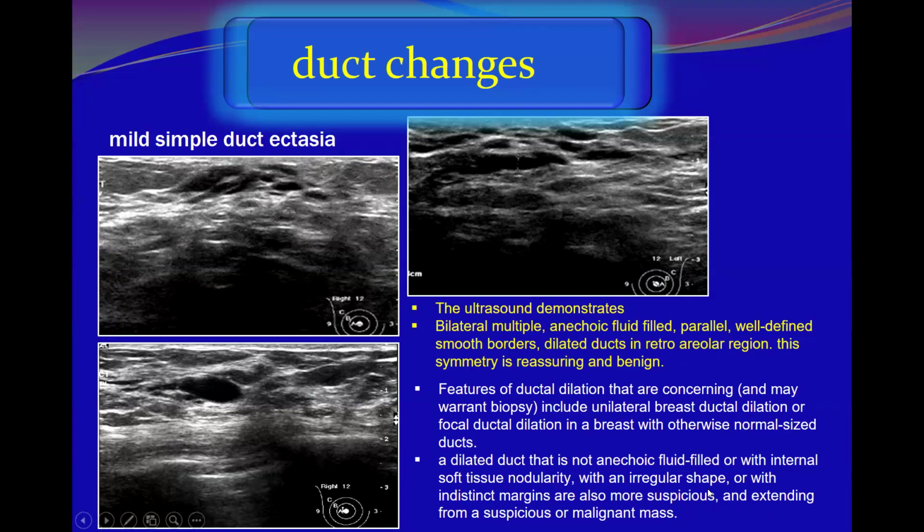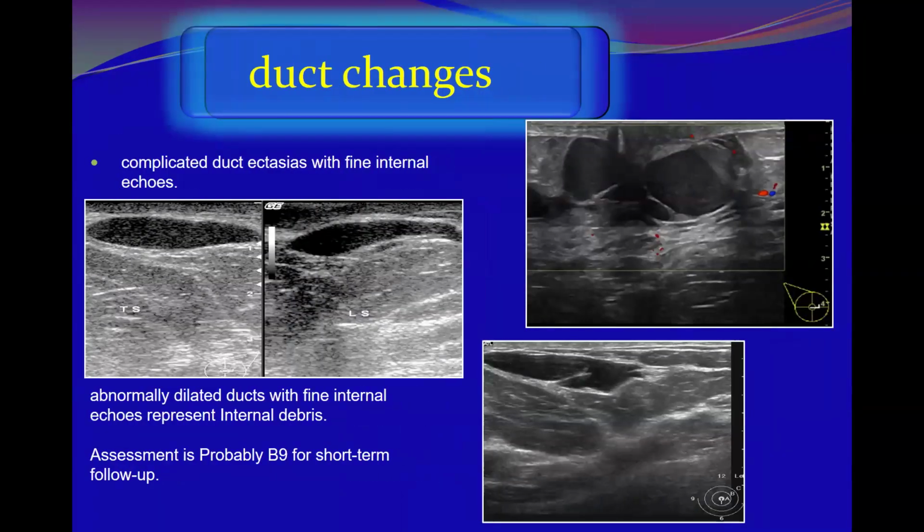They said that the suspicious features, if it is a unilateral ductal dilatation or a focal duct, will be concerning. But they said it may warrant biopsy. May warrant biopsy. So not all solitary dilated ducts need or warrant a biopsy. But if it is solitary, it has to be concerning for you. You have to think about it.